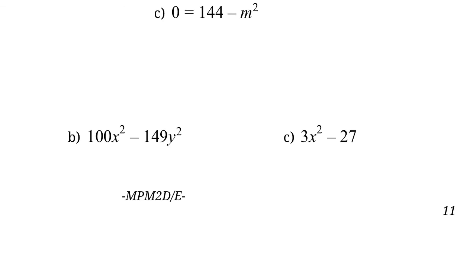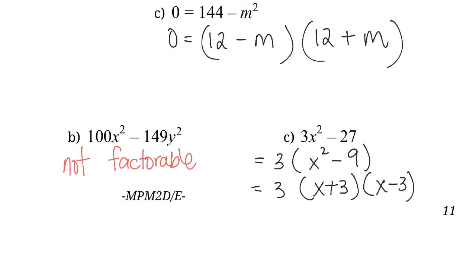Are all 3 of these questions examples of difference of squares? Maybe. Maybe not. That's going to be for you to decide. Remember to try to work your way through all the different types of factoring if you are unsure. So go ahead, pause the video, try to factor all 3 of these expressions, and then come back to see the solutions. All right, so here are the answers for each of these 3 questions.